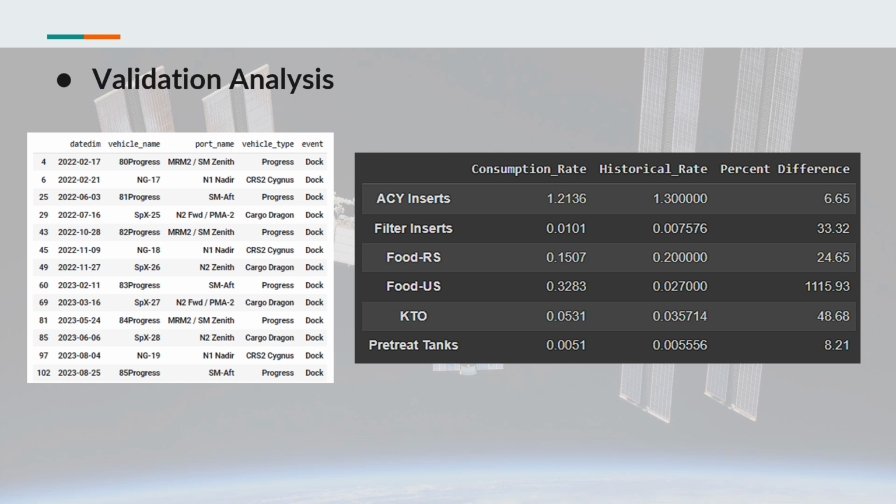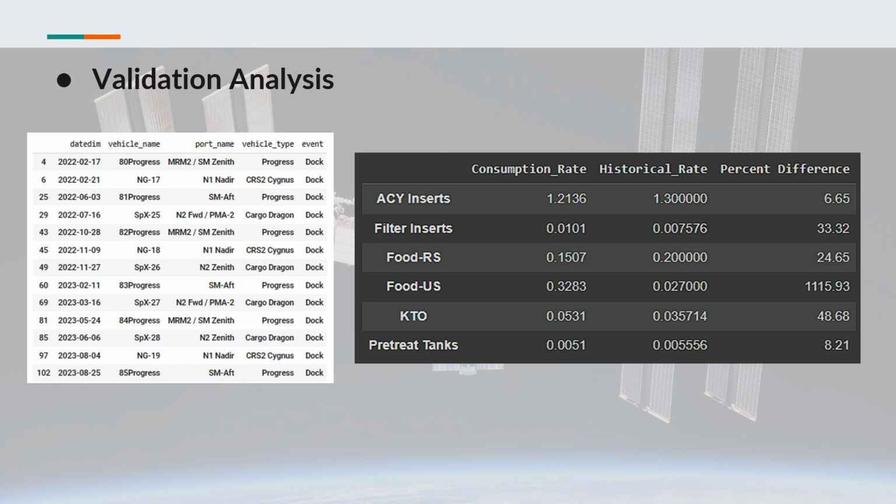So we did what we did in the previous slide with all of the consumable items and assessed what interval to use based on visual analysis. We compared the consumption rates we got for those intervals with the historical rates, and the percent difference is seen to the right.